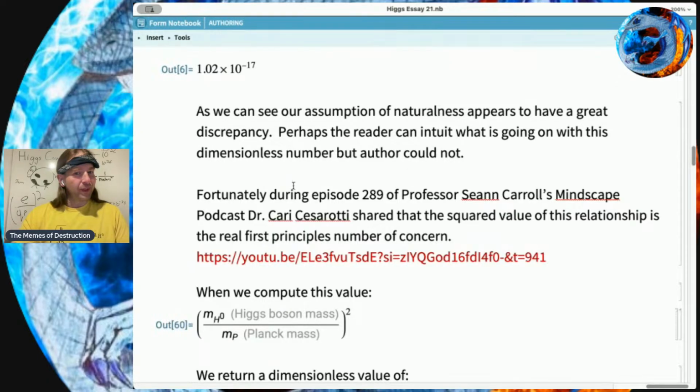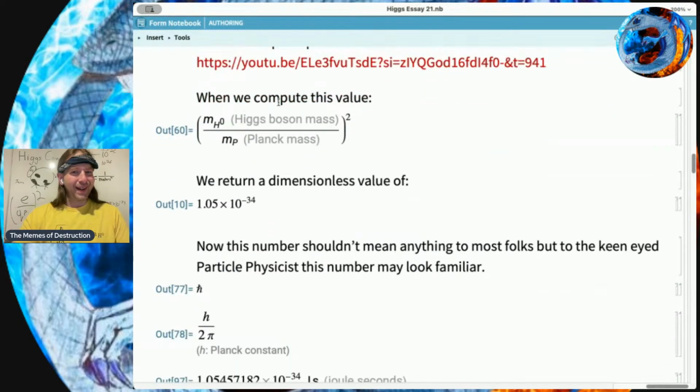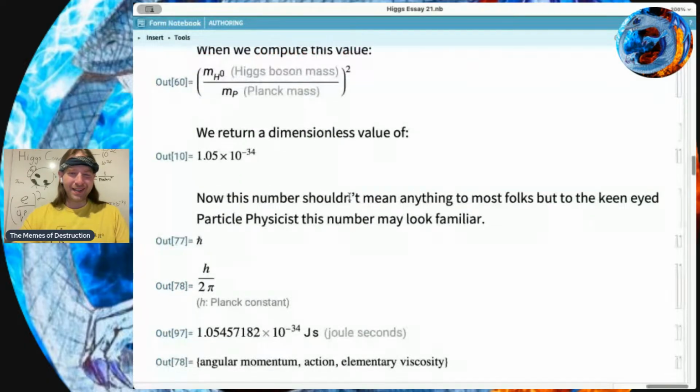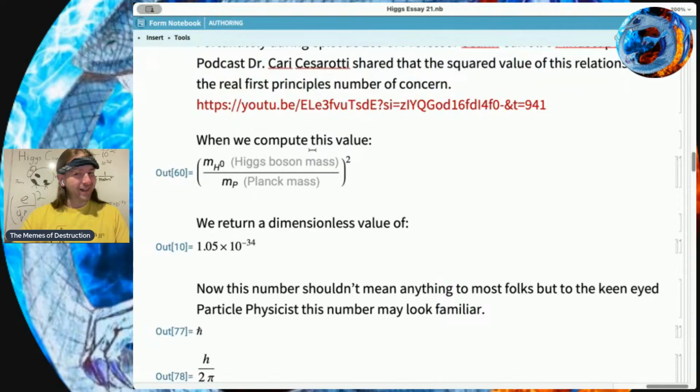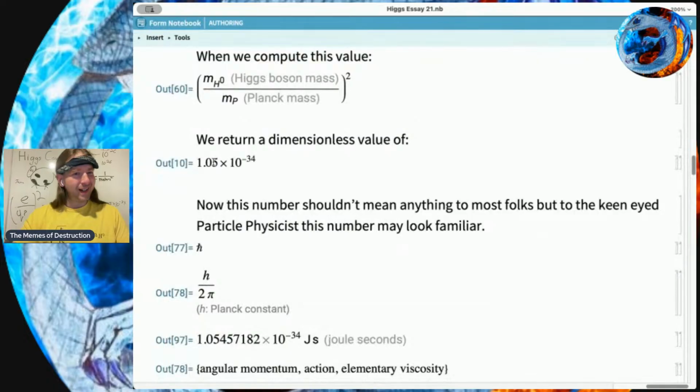Perhaps if we take that ratio and square it, we get the first couple of digits of h bar, the elementary unit of action. Oh, wait, the Higgs boson, an elementary scalar boson. So we've got an elementary thing divided by a Planck thing squared, and we get an important thing out.